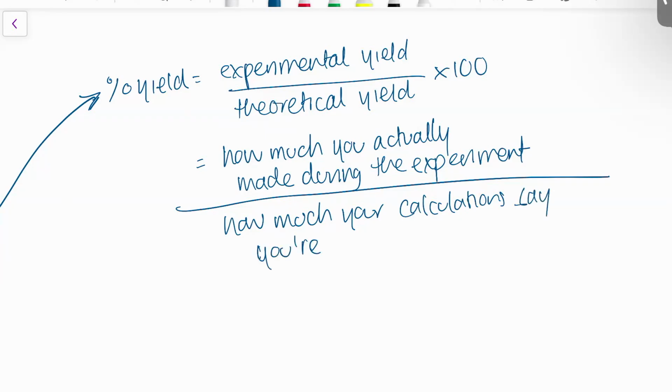Because the calculations is the theoretical part. Experiment is what you did in the lab. Times 100. Because things don't go exactly as planned. Conversion is never really 100%.